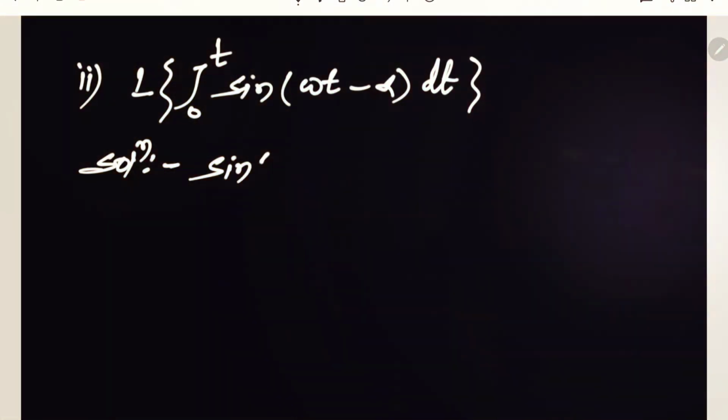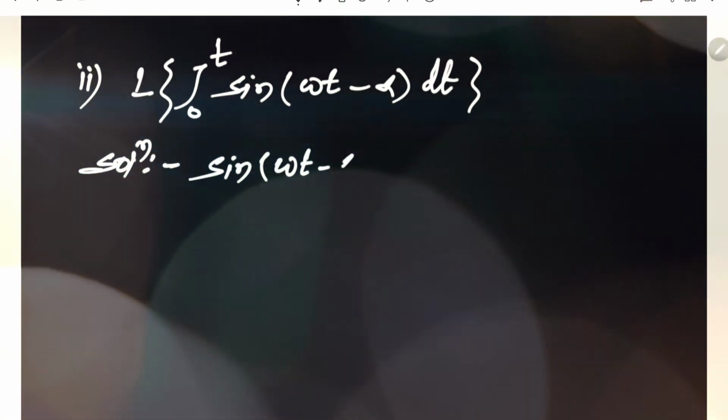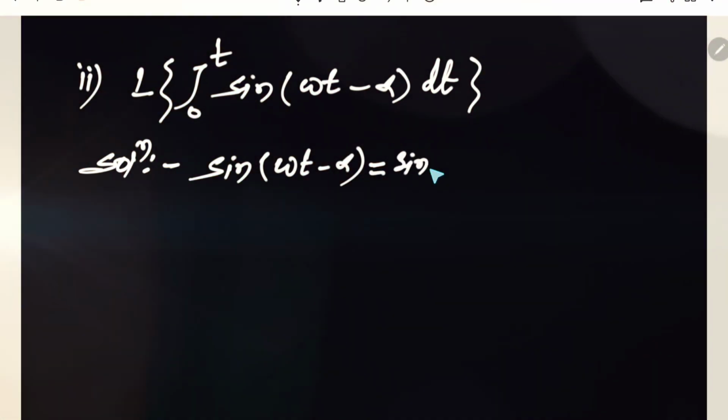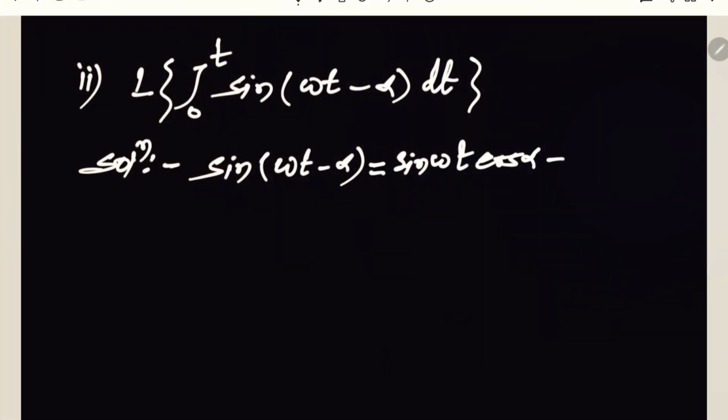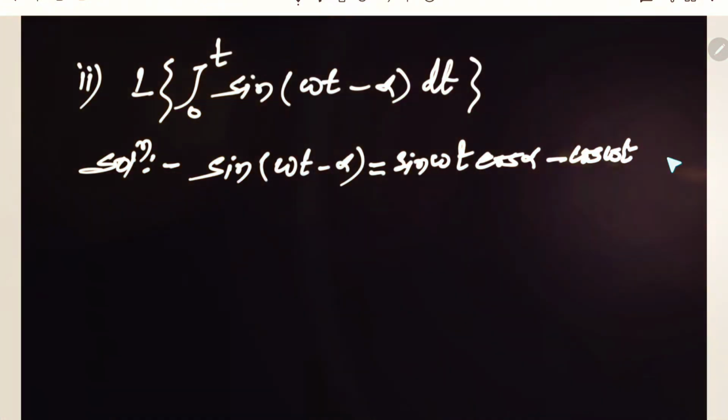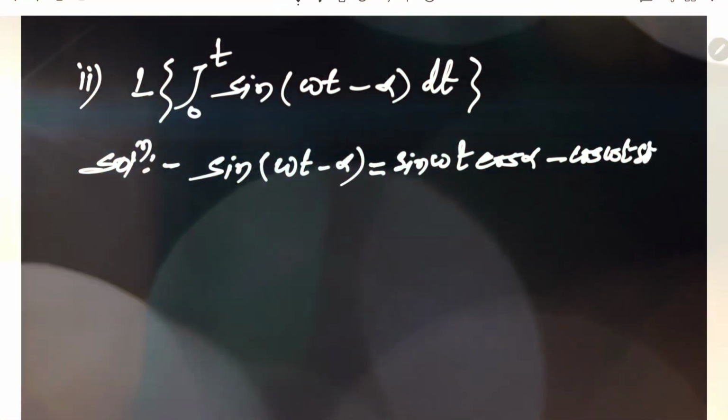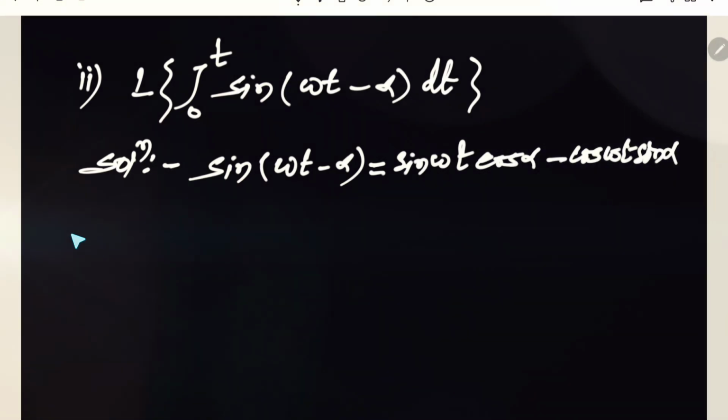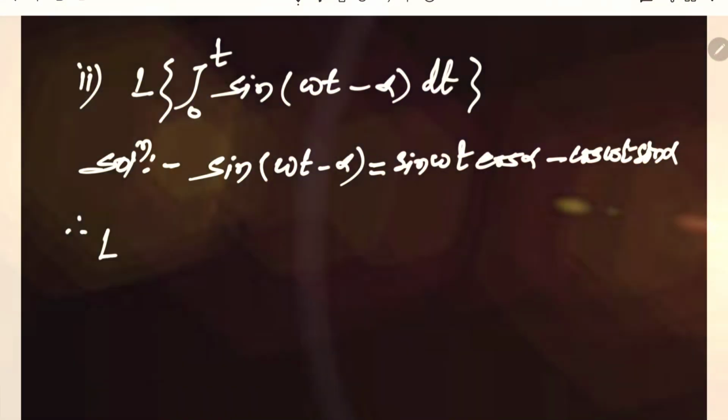To find its Laplace, we first expand it by the sin(a minus b) trigonometric formula. It is sin a cos b minus cos a sin b, meaning sin omega t cos alpha minus cos omega t sin alpha. Sin alpha and cos alpha are constant terms. Then we take the Laplace on both sides.